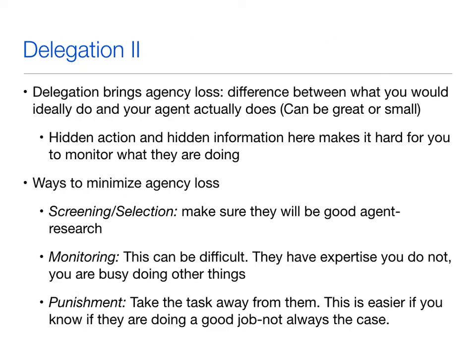So you have this huge potential for agency loss. You're delegating responsibility of governing to these elected representatives, but with this comes agency loss, because there's going to be a difference between what each individual citizen would want the government to do and what these elected representatives actually work out in both chambers of Congress. You also have what's called hidden action and hidden information, right?